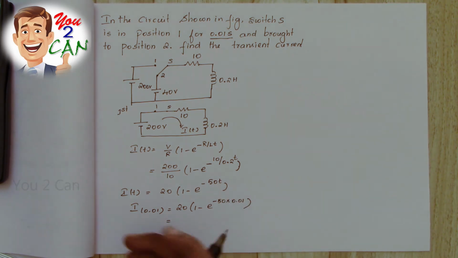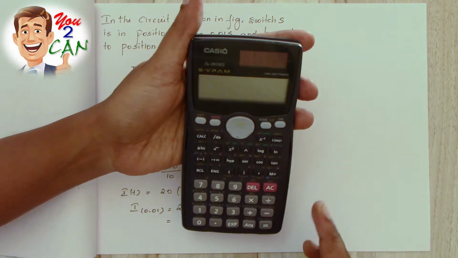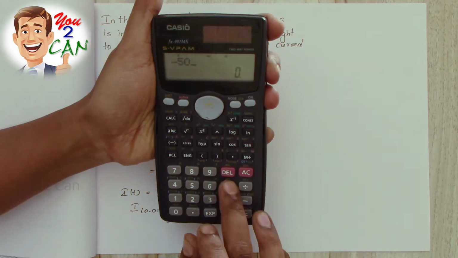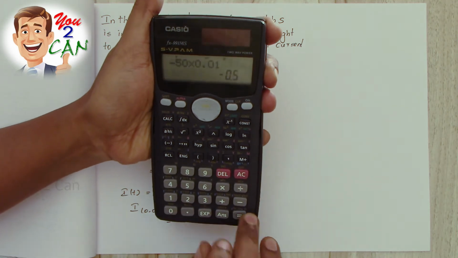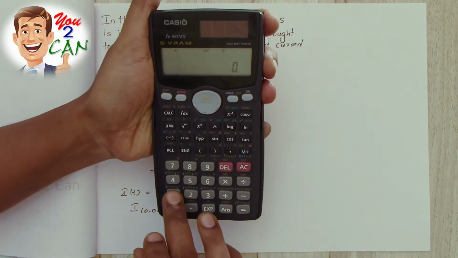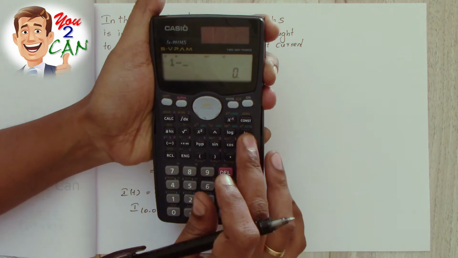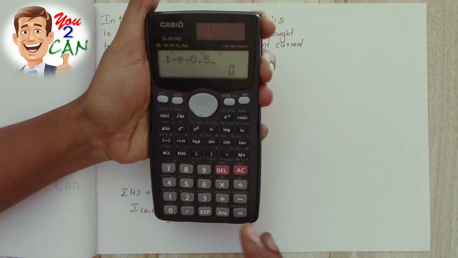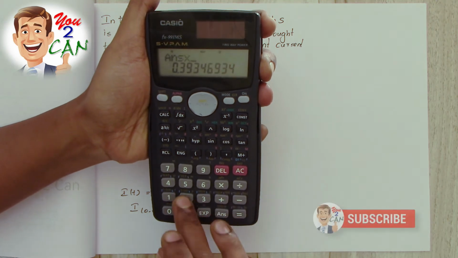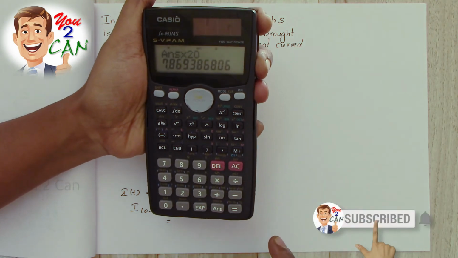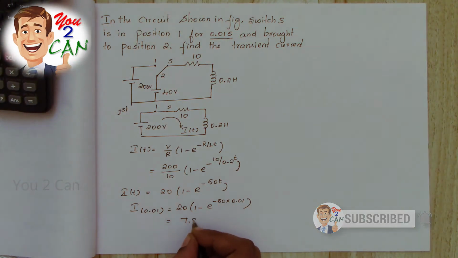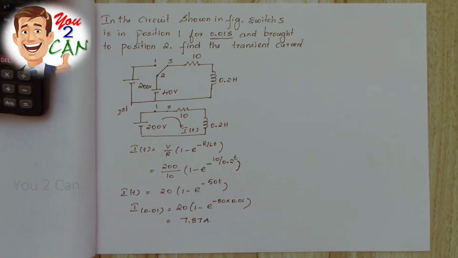Now let me find the answer. Minus 50 into 0.01 is minus 0.5. So 20 into 1 minus e power minus 0.5 is 7.87 amps.